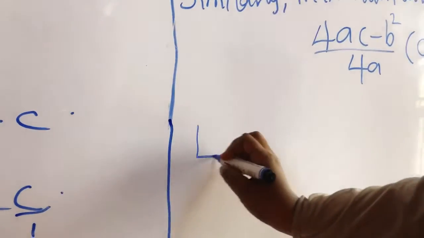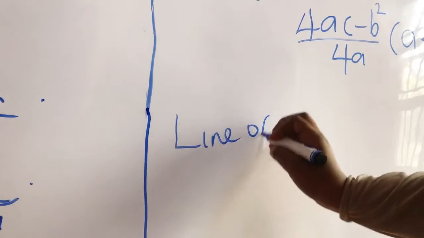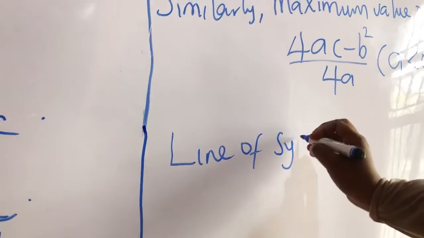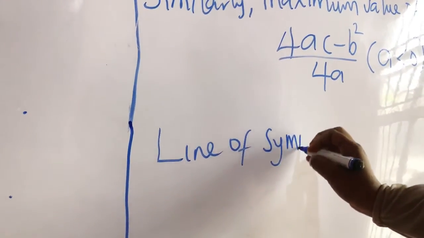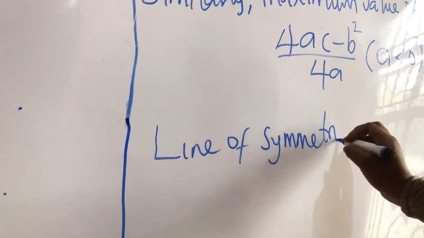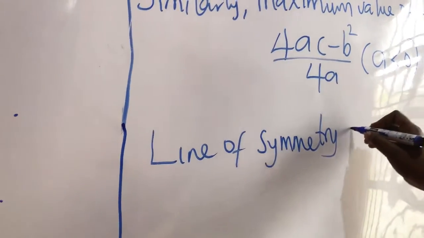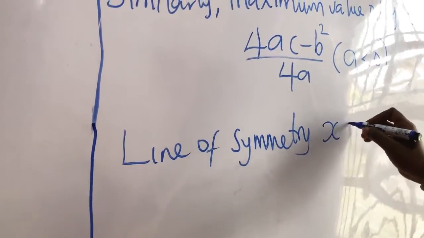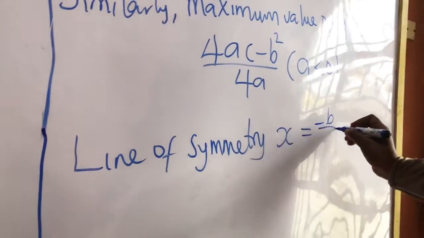And I have explained that the line of symmetry is x equal to minus b over 2a.